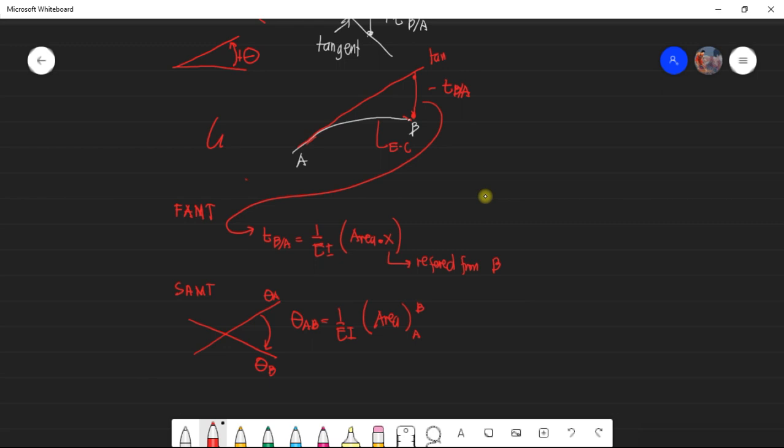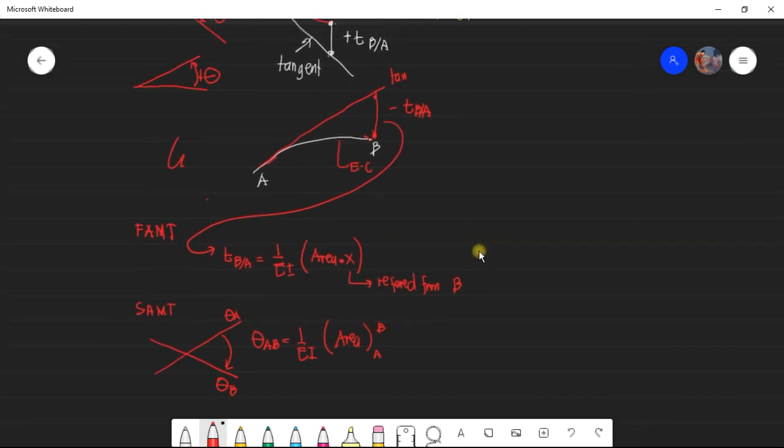So we are going to apply this. You can read the more detailed explanation of the first and second moment area theorem in your module.